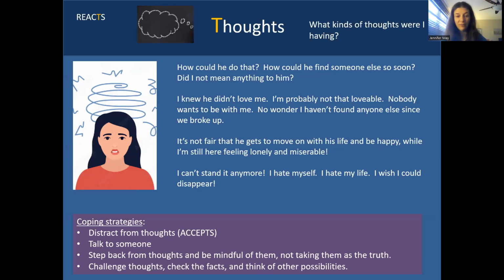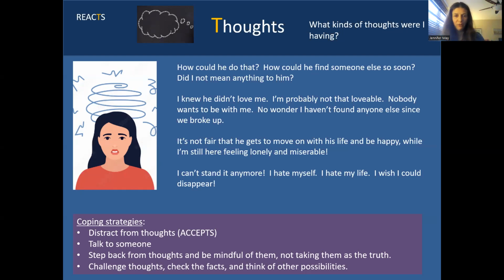Stepping back from your thoughts and being mindful of them and not taking them as the truth. So if I'm really embedded in my thoughts, if I'm really fused with my thoughts, as they say in ACT, I might truly believe all the things that I was talking about before, such as I'm not lovable, I'm never going to move on with my life, I hate myself. All those things might feel very real to me just because I'm thinking them. But if I step back from my thoughts and I put them on the side and I say, well, isn't that interesting?